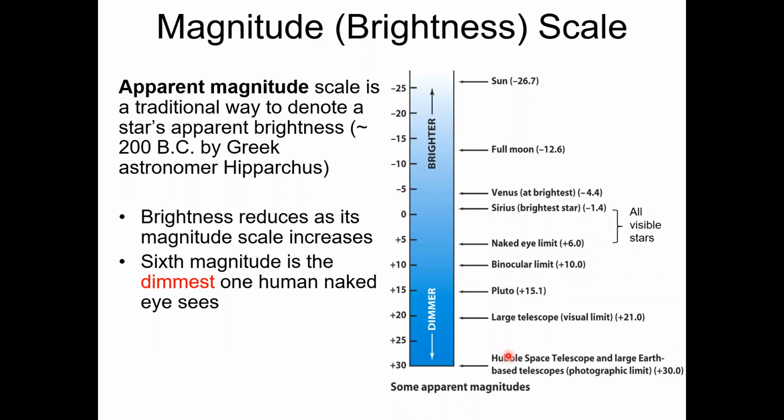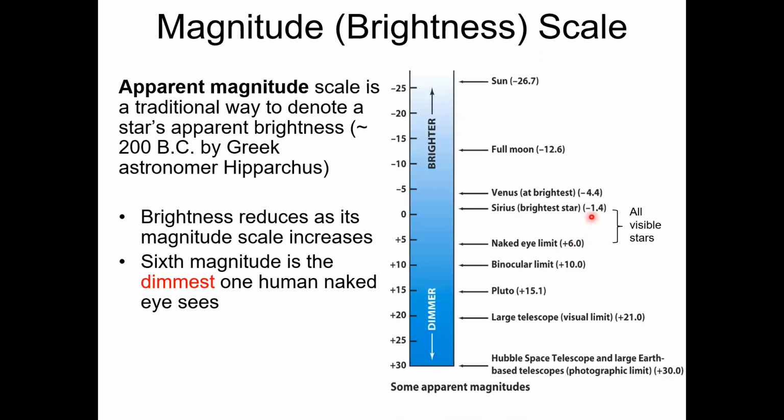If we start from the naked eye limit, that's about +6 in magnitude. Again, there's no scientific basis, there's no definition or equation to calculate magnitude. Just remember these numbers. And when you go up in brightness, you can see the numbers getting smaller and smaller.